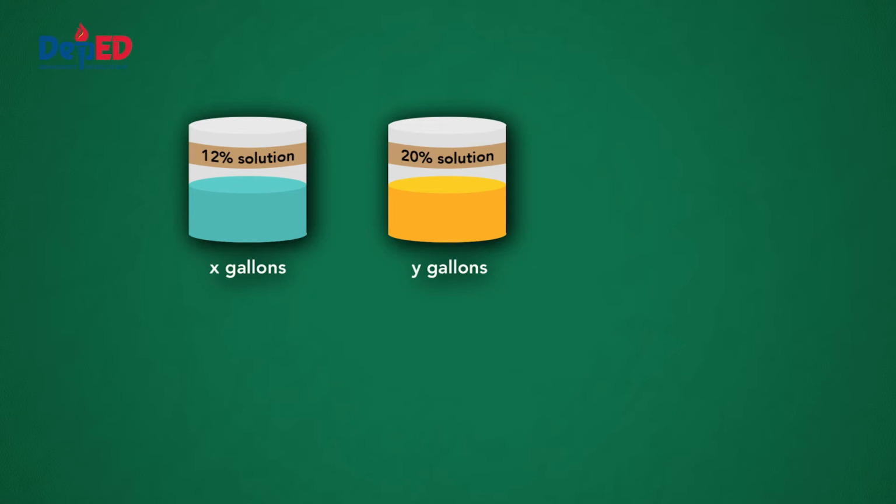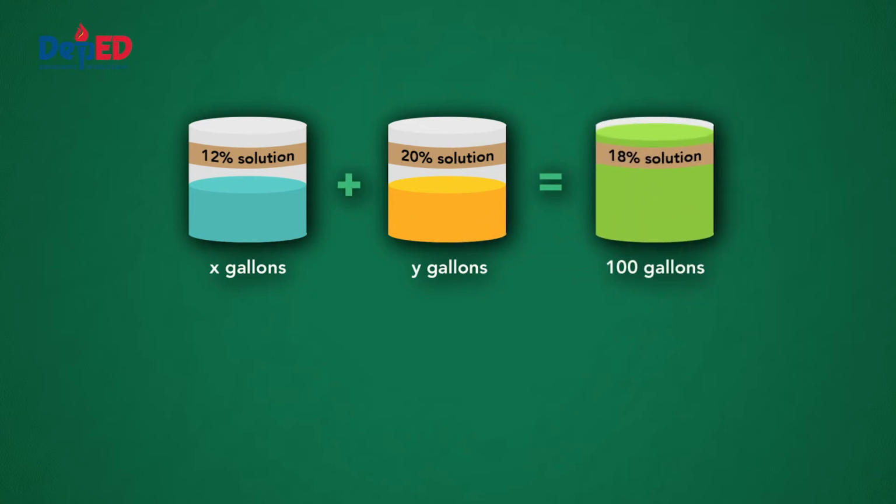When these acid solutions are mixed, they just add up their volume. So we can say that X plus Y equals 100. Now, we know that the final product should have 18% concentration.